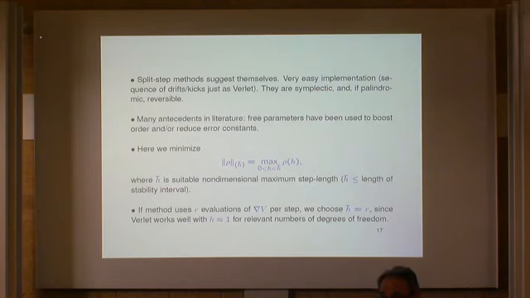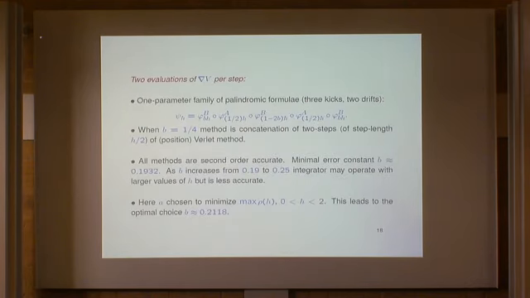Then we argued, if with Verlet we can have h between 0 and 1, and our integrator uses R evaluations of the force per step, we'll ask for a method that operates well between 0 and R, so that it can be competitive with Verlet. So we have to factor in the computational effort.